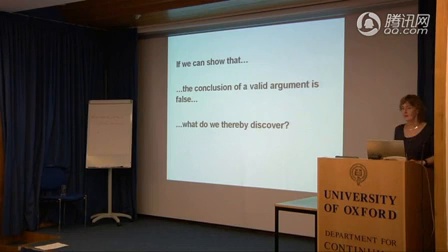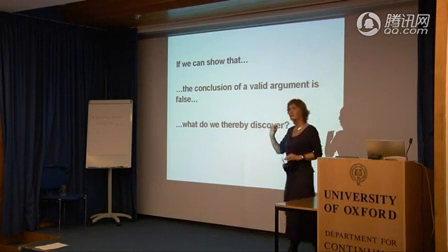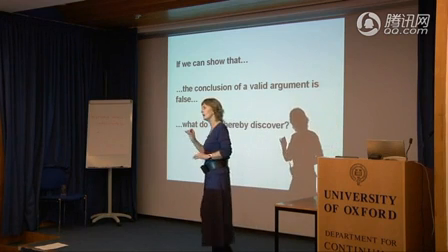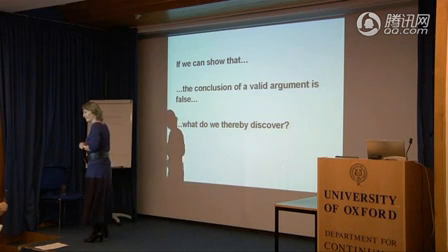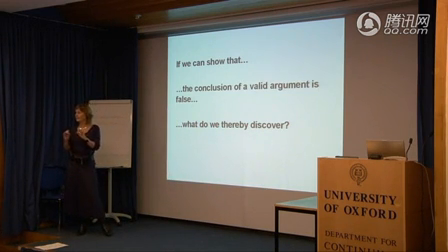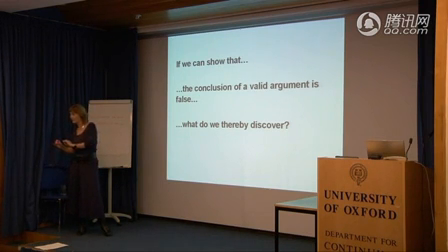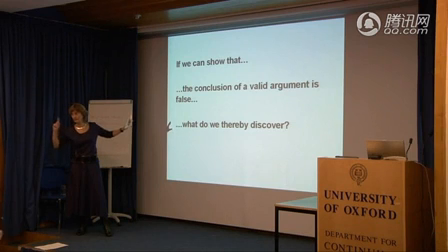Then if we can show that the conclusion of a valid argument is false, what do we know? Let me remind you again: an argument is valid if and only if, if the premises are true, the conclusion must be true. So if we see that the conclusion of a valid argument is false, what do we know? Put your hand up when you've got the answer.